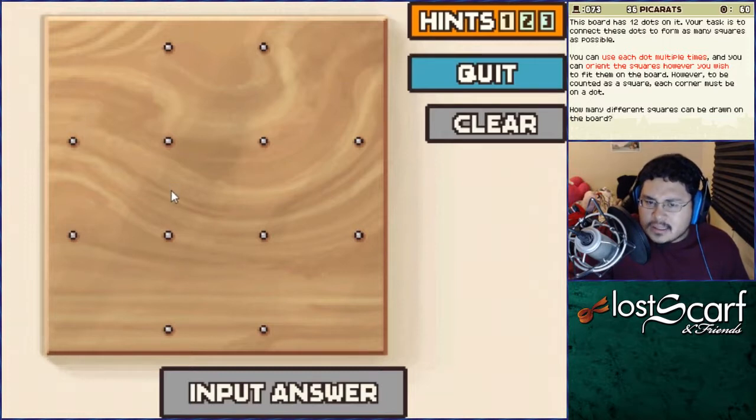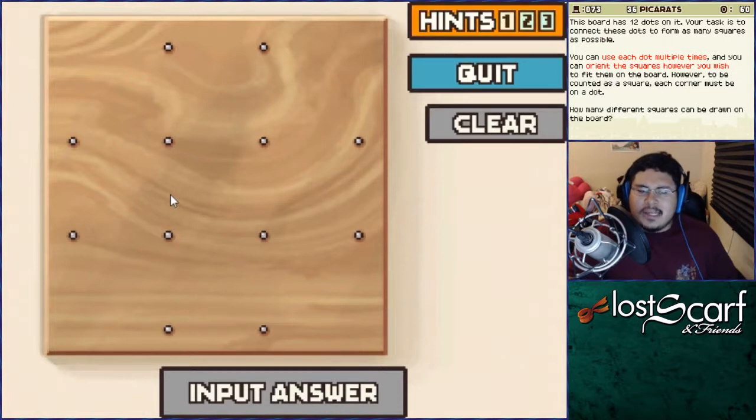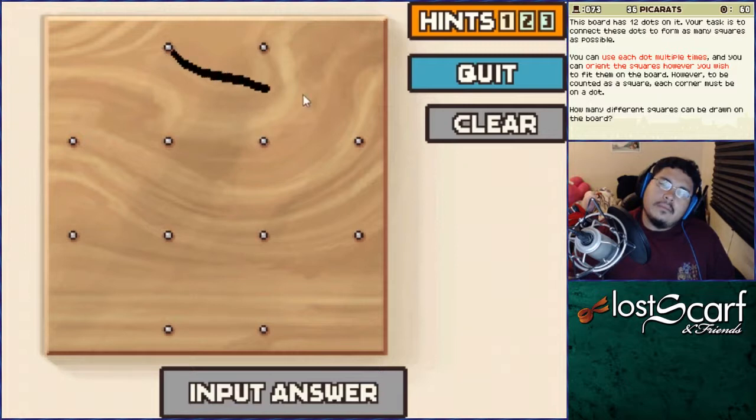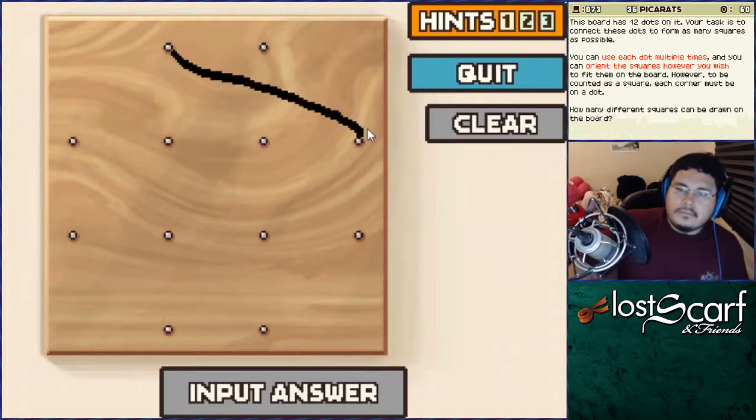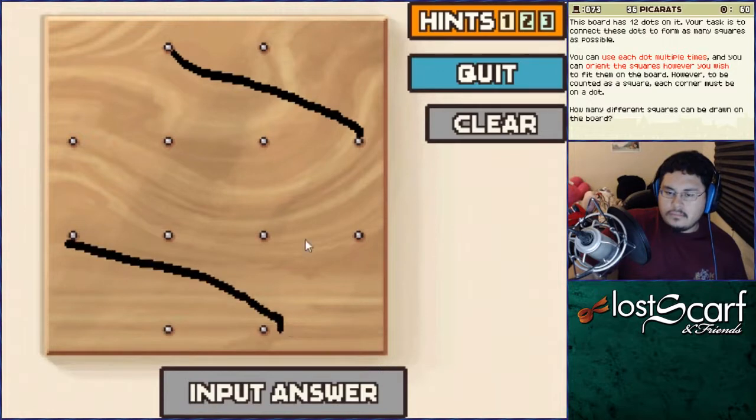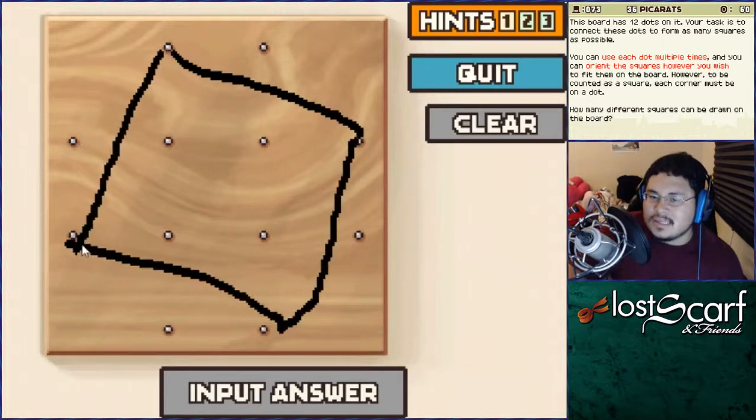What do you guys see that I don't? You can do 4 sideways and 2 at an angle. Like that? I guess it's like that. Okay.